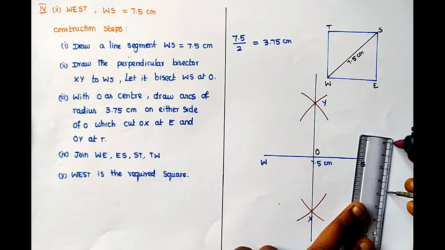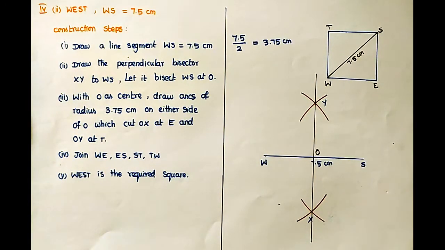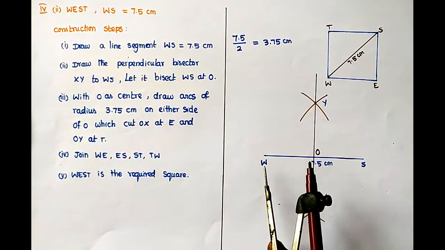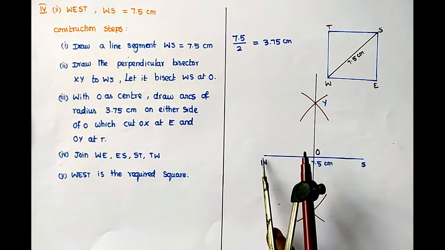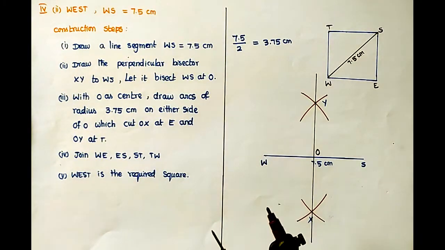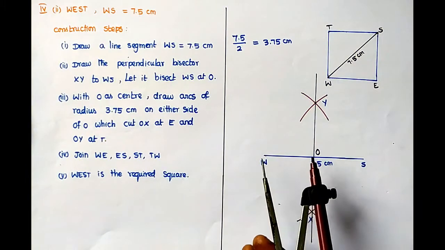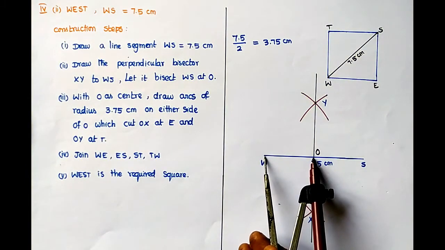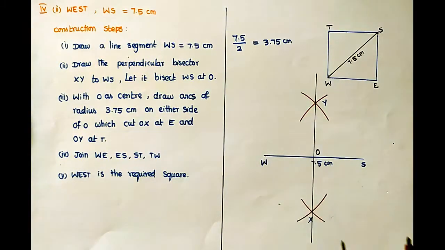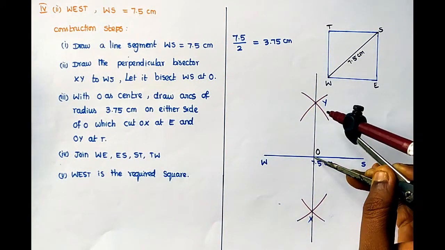Take the radius, or either OW as radius, that is also half of 7.5. So that is also 3.75, with O as center.